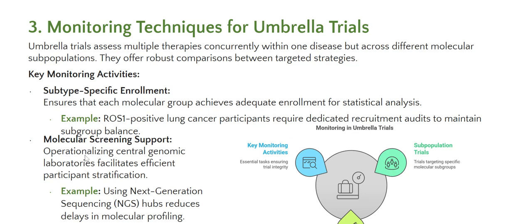Molecular screening support, operationalizing central genomic labs, facilitates efficient participant stratification, for example using next generation sequencing, NGS for short, hubs, which reduces delays in molecular profiling. And here is a summarized diagram on monitoring in umbrella trials, key monitoring activities, subpopulation trials, and targeted strategies.